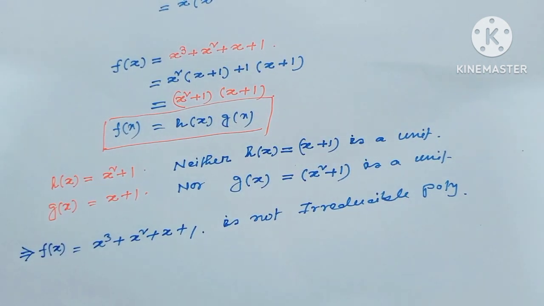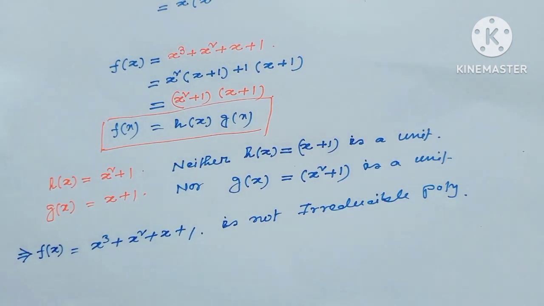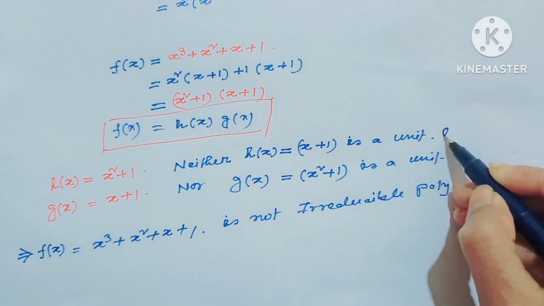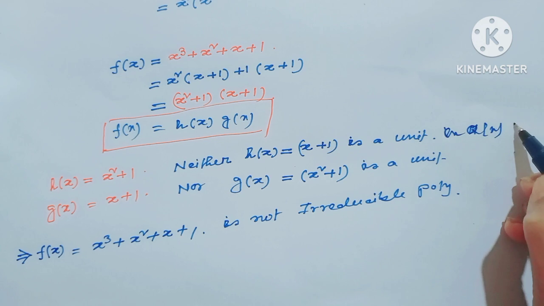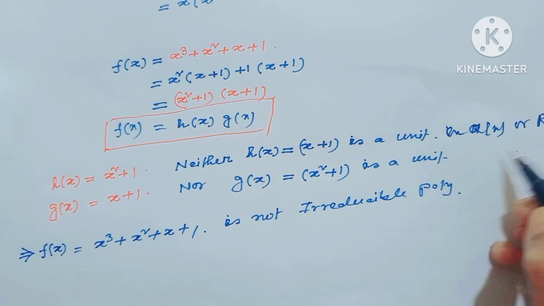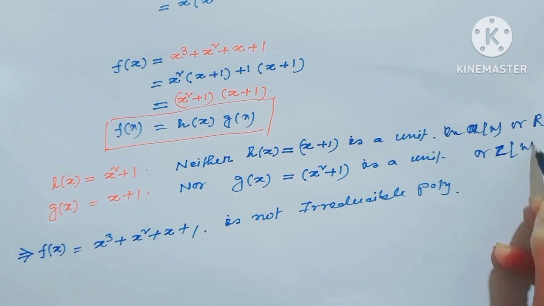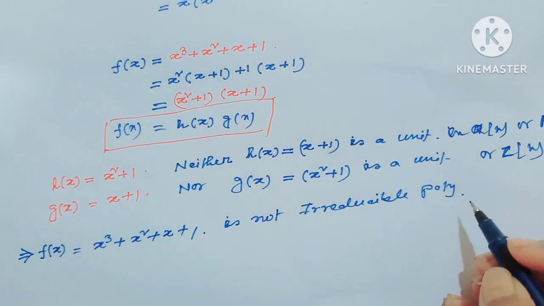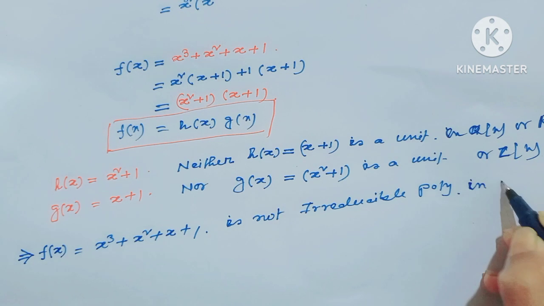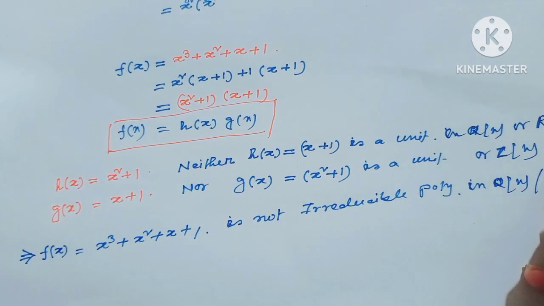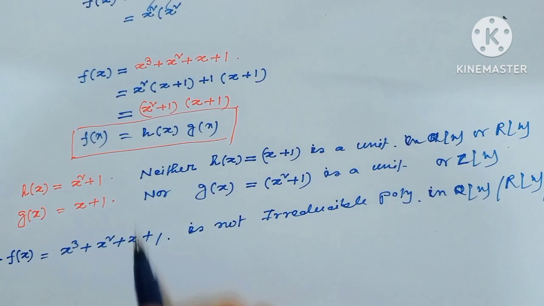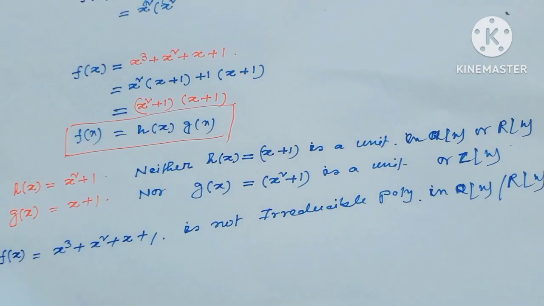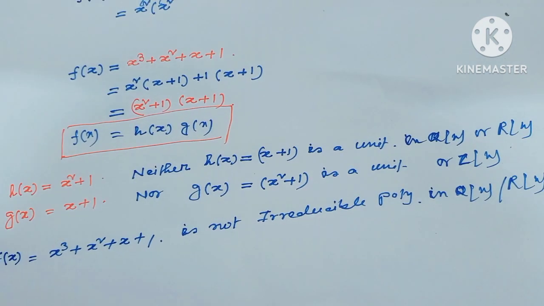Then neither h(x) nor g(x) is a unit in Q[x] or R[x] or Z[x]. So this is not an irreducible polynomial in Q[x] or R[x] or Z[x], because we can factor it into lower degree polynomials also.